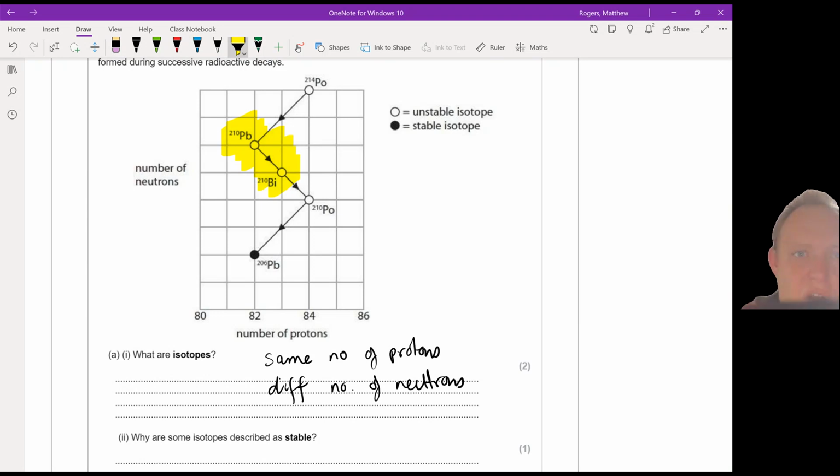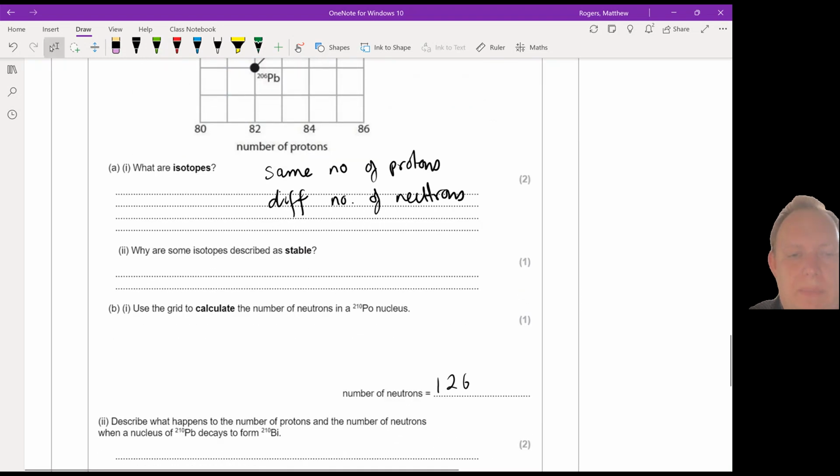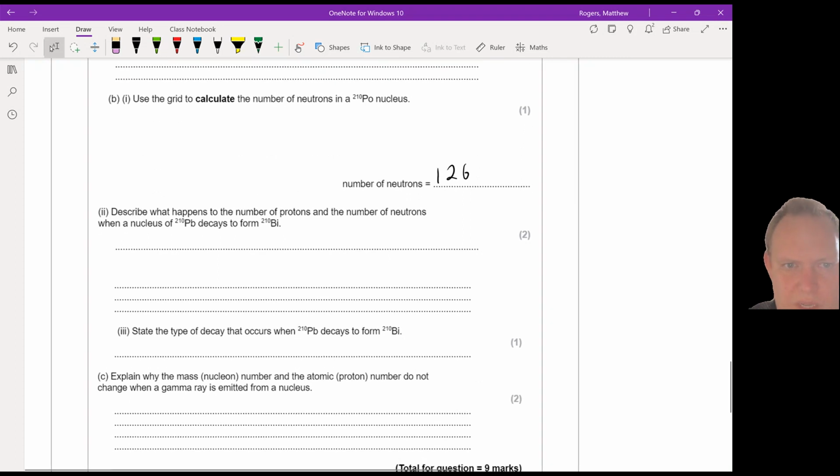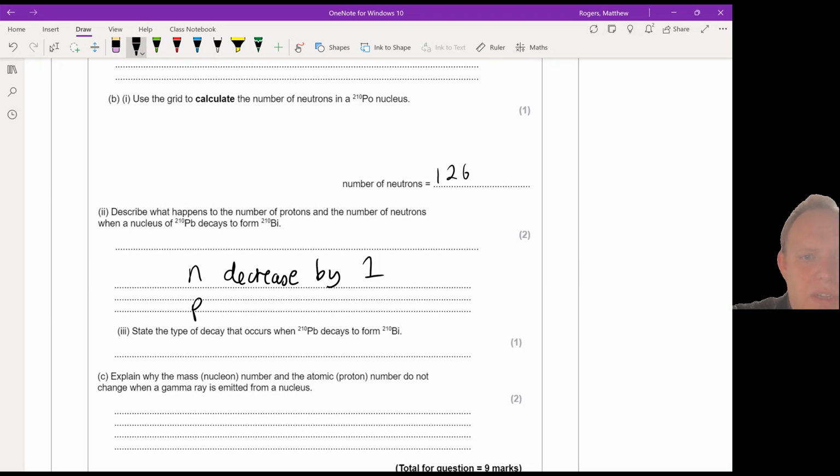If we want to read it off the chart, we can see that the number of neutrons has decreased by 1, and the number of protons has increased by 1 as we go across from one to the other. So if we're describing the difference, we're going to say the neutrons go down by 1, and the protons increase by 1.